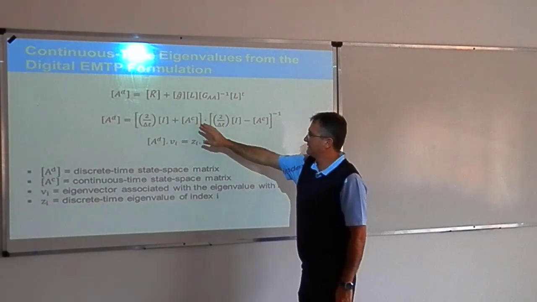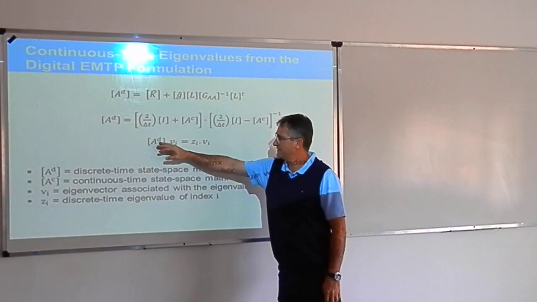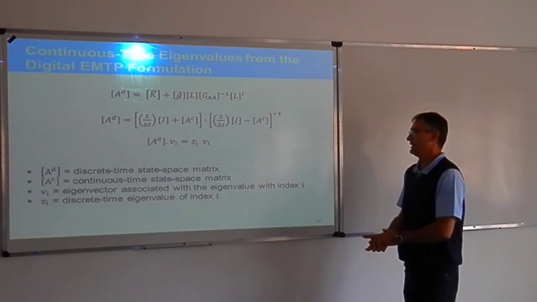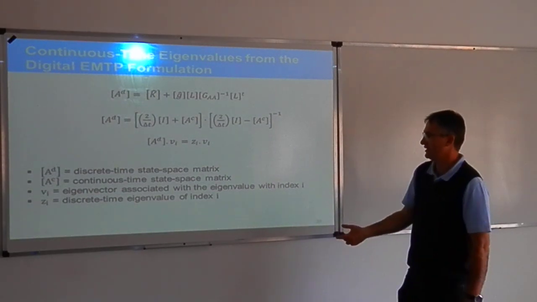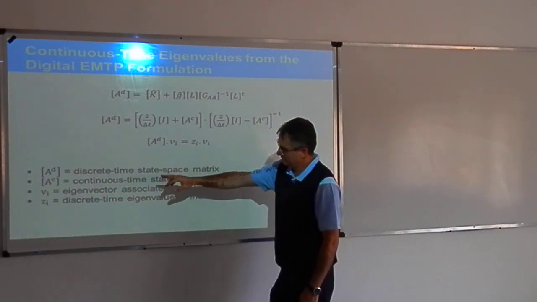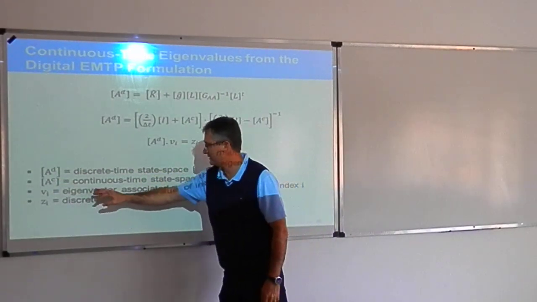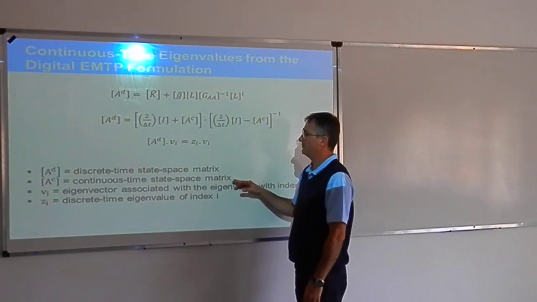And having this digital matrix, you can find the digital eigenvalues and the continuous time eigenvalues. So from the discrete time state space matrix, we can get the continuous time state space matrix.